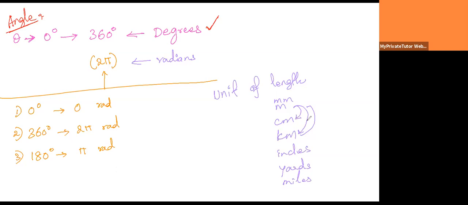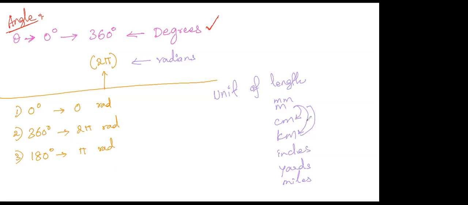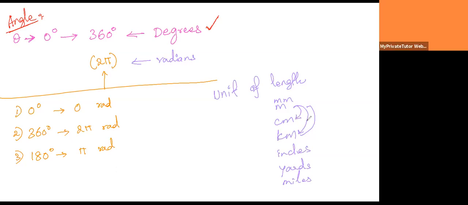So what I was saying, we can represent the angle in two ways: one using degrees, the other using radians. We can convert between radians and degrees. 360 degrees is nothing but 2 pi. Let me show you the basic way of converting.